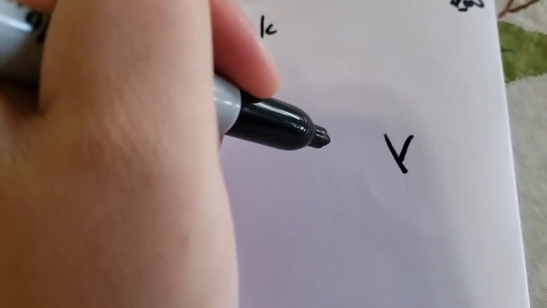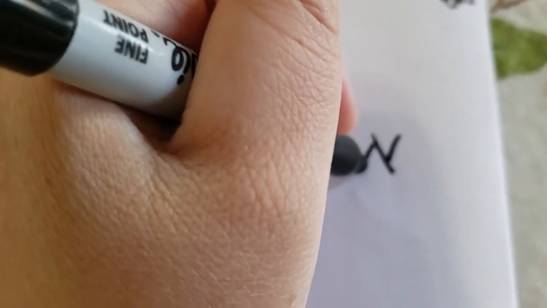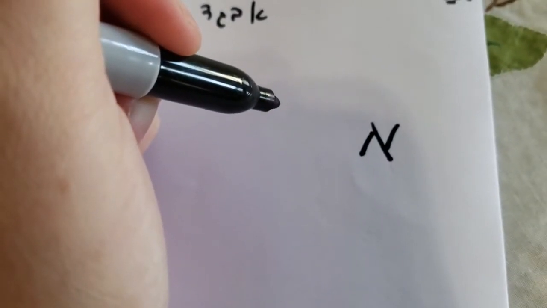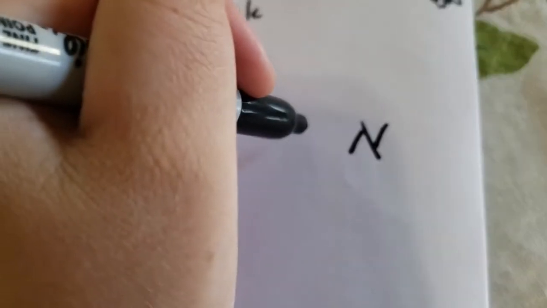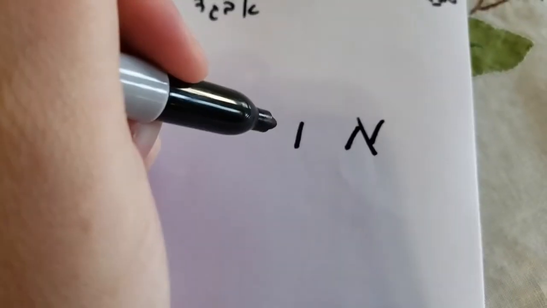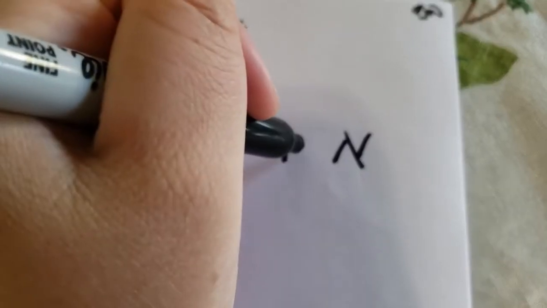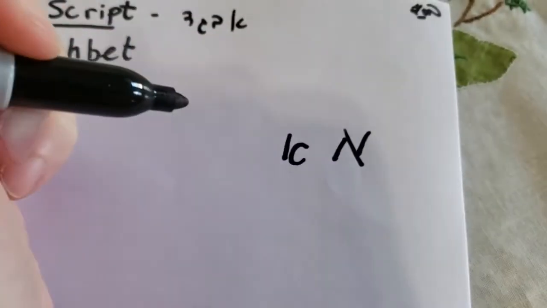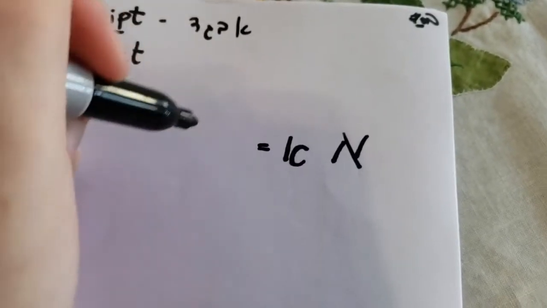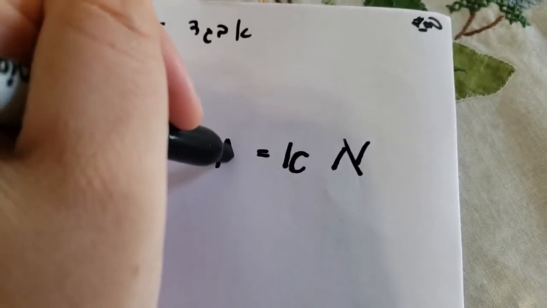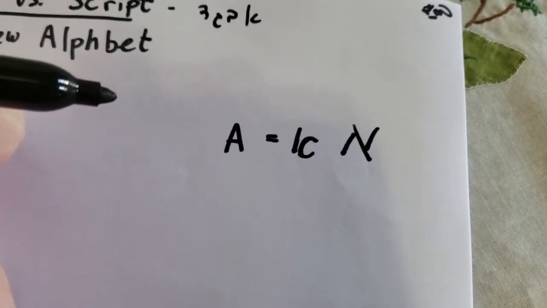You add a line over here, you add another line over here. That's an Aleph print version. Aleph in a script version is, you make a line going down, then you make half a circle next to it. The sound that this letter makes is A, like A in English.